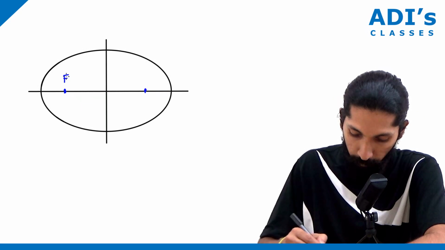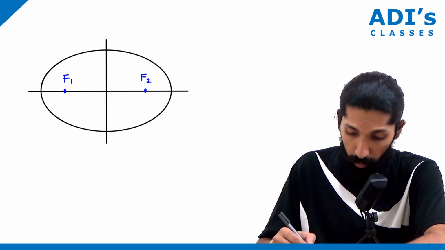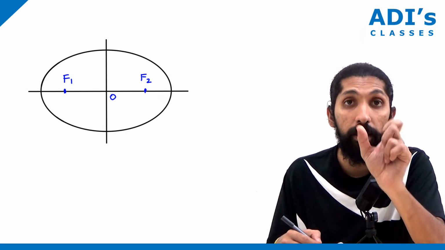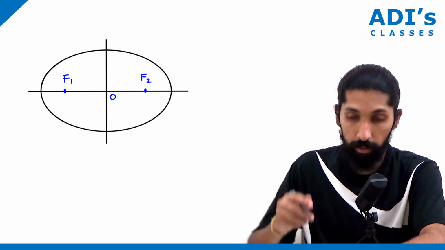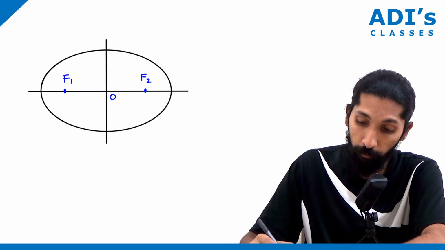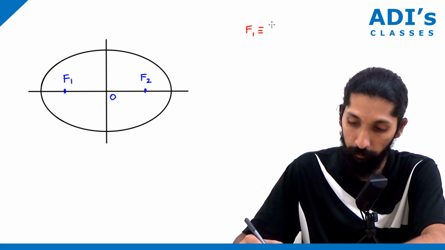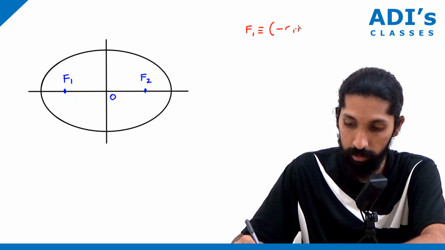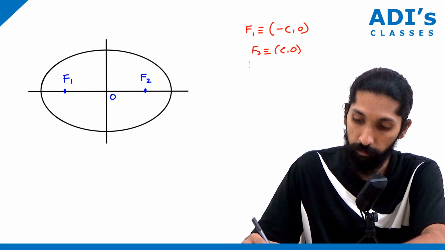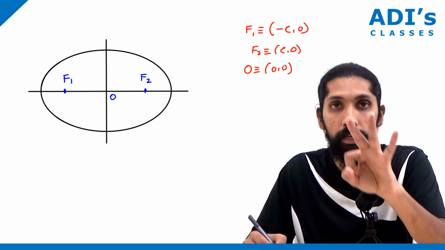We'll call this F1 and this F2. From the vertex O, F1 and F2 are equidistant. But they are not the midpoints, as you can see in the figure. F1 you can say is minus c, comma 0, and F2 is c, comma 0. And of course, O is nothing but 0, comma 0.